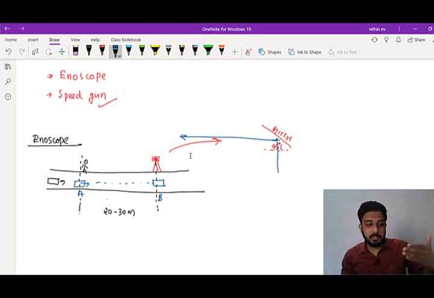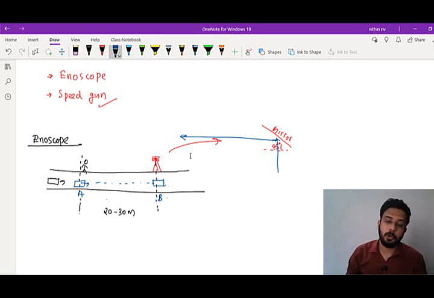We just have to look at that mirror, or Enoscope, which is kept on the tripod. Whenever that vehicle is crossing, we will get that reflection there. At that time we can stop our stopwatch. Understood? So this instrument is called Enoscope, which has a mirror at 45 degrees. If it is not 45 degrees, we will not get that reflection perpendicular, right? That's why we are keeping it at 45 degrees.